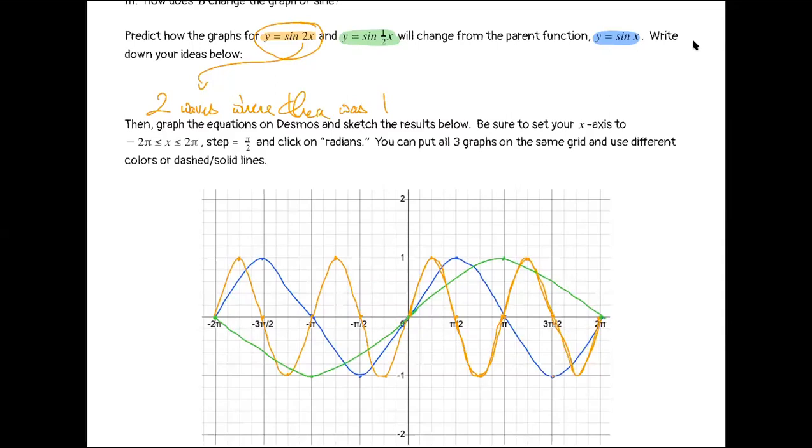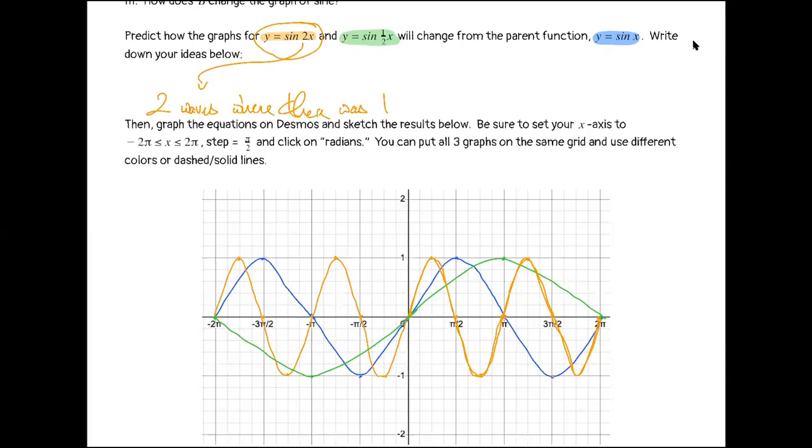And it turns out that that number not only tells you that there's more, but it tells you how many more. So if there was 1 wave there before, now there's going to be 2, okay? If we change that number to 3, sine of 3x, how many waves are going to fit in that same space as where there was 1? Well, it's going to be 3, okay?